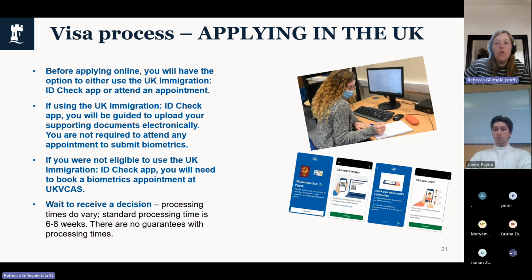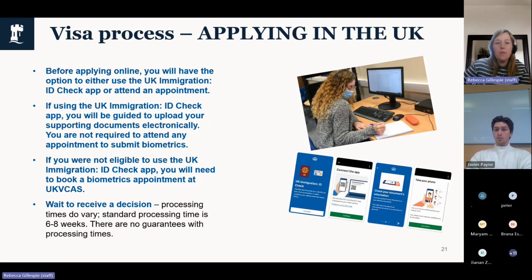Usually people who do not have an electronic chip inside their passport are not eligible to use the app. If you use the app, you will be guided to upload your supporting documents electronically. You will not be required to attend an appointment and submit your biometrics.